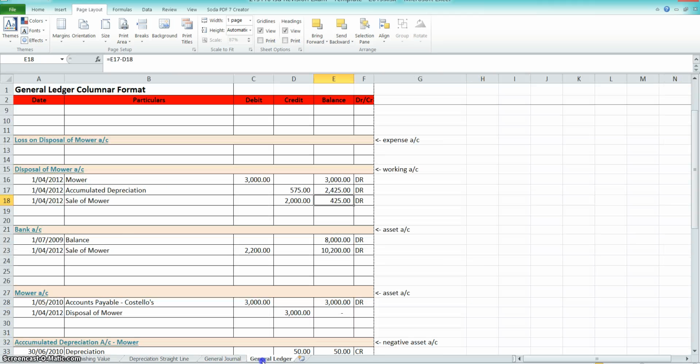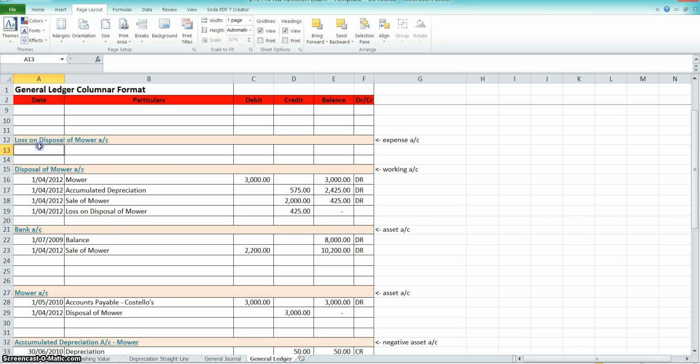So if we now post that into the ledger, disposal of mower, the 1st of the 4th, 2012, loss on disposal of mower, which is a credit, $425, now equal nil.